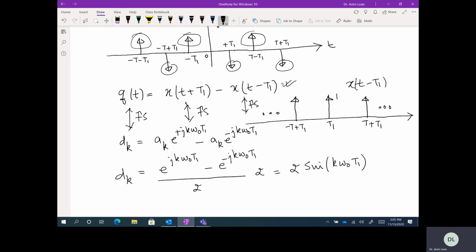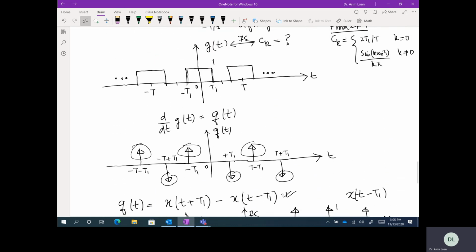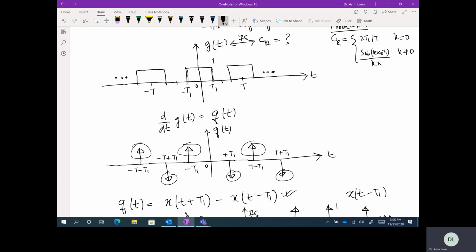So this is dk, and how is dk related to gt? So this implies the Fourier series coefficients here: jk omega naught ck equals the Fourier series coefficients of qt, which we called dk, right?